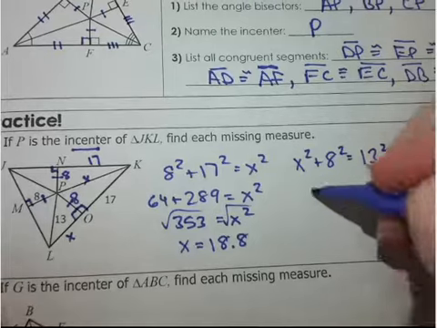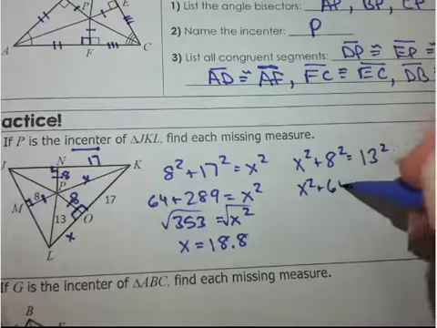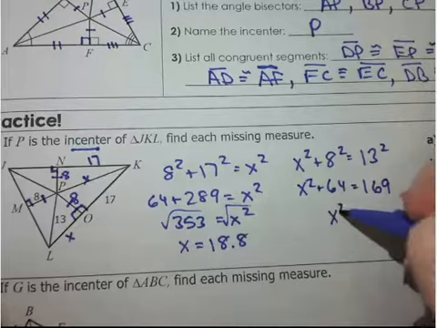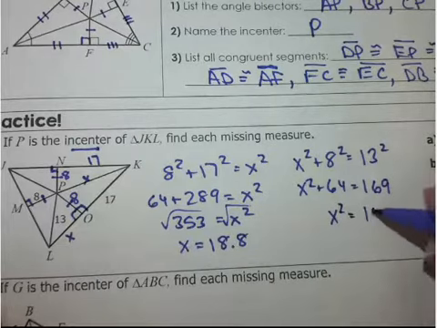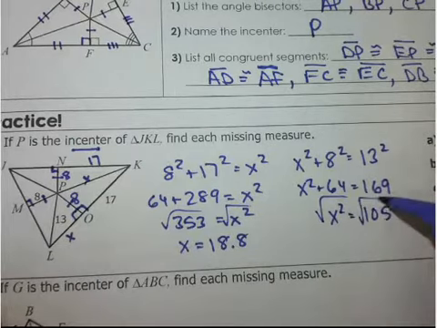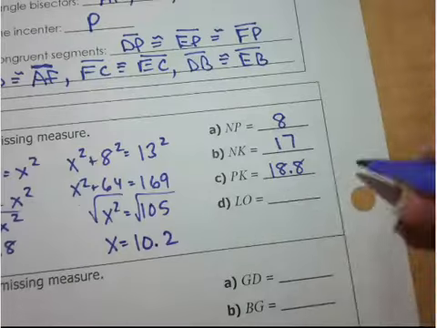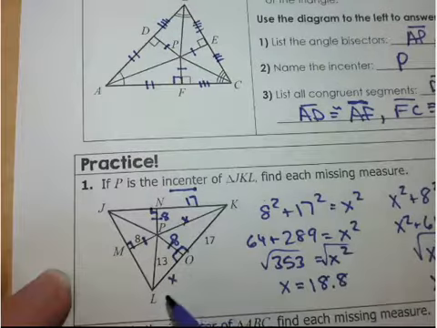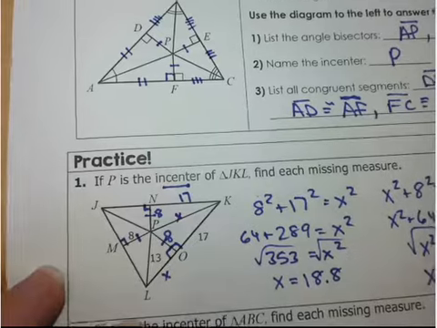If I simplify, I have x squared plus 64 is equal to 169. x squared is equal to 105 when I subtract that 64 from both sides. The square root of 105 is going to be 10.2. And so that is LO. So I solved for x right here, and that's 10.2.